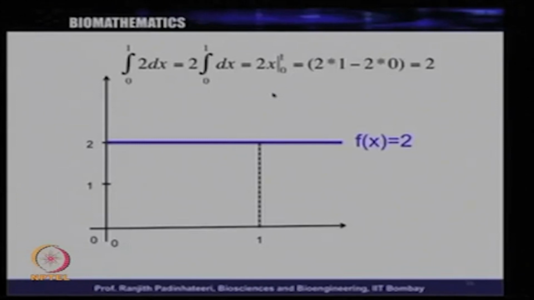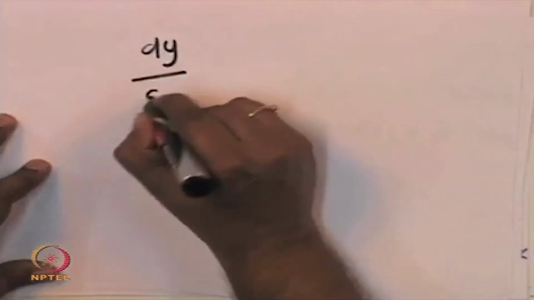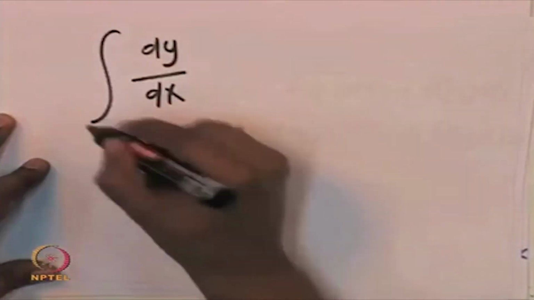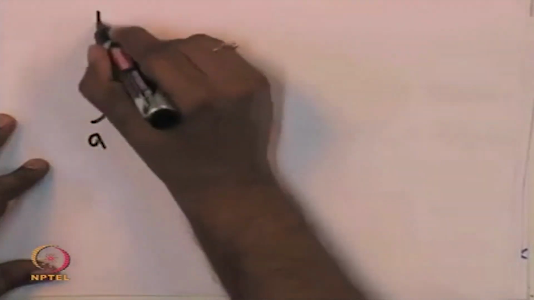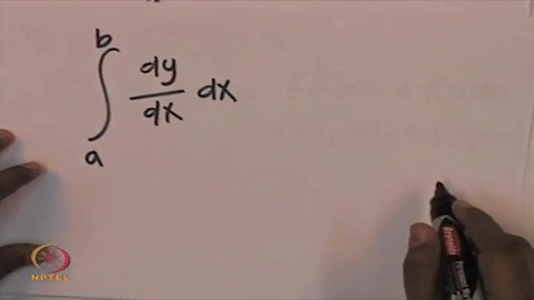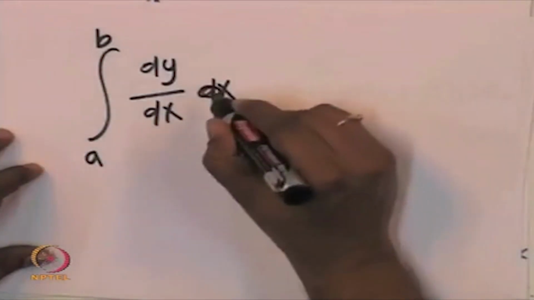So, let us say dy by dx is our derivative, and we want the integral of this between a and b.